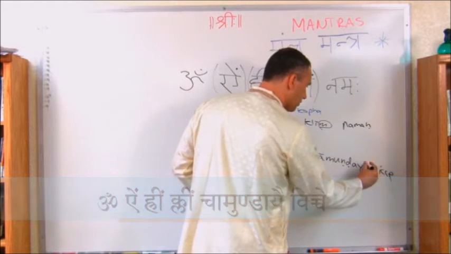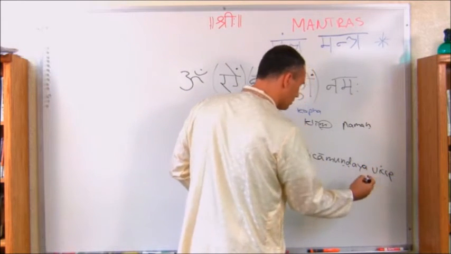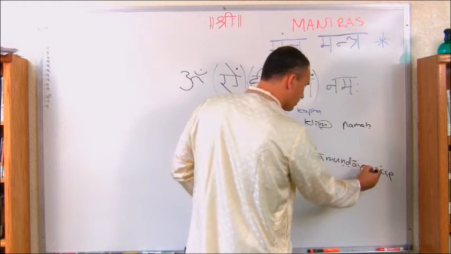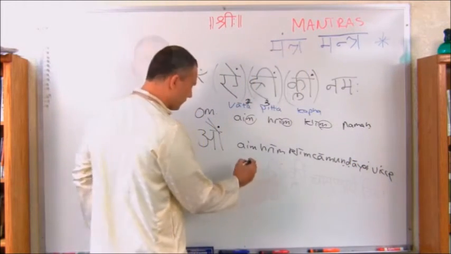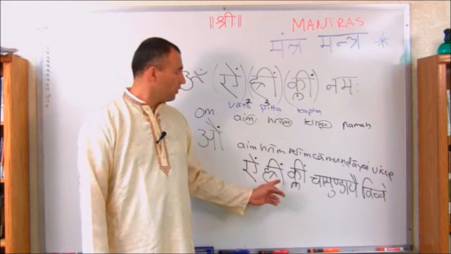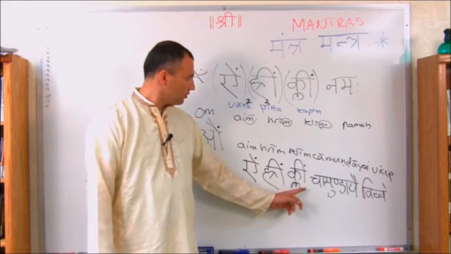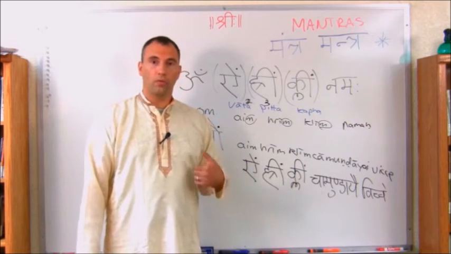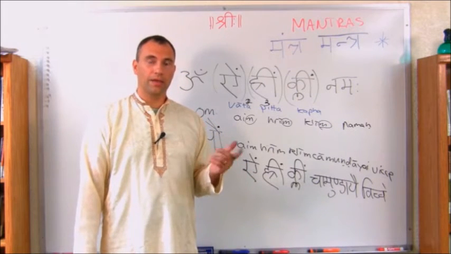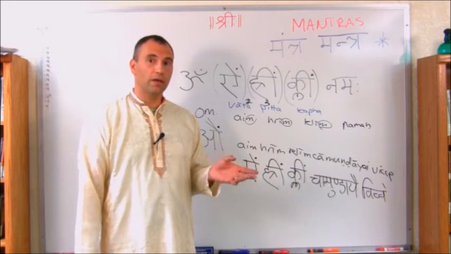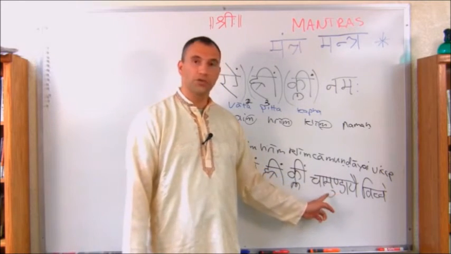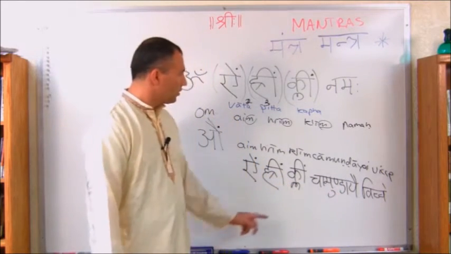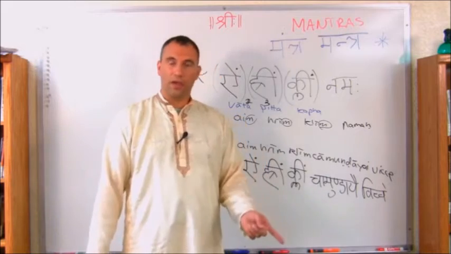Okay, like that. Om Aim Hring Kling Chamundaye Viche. This is the nda, Chamunda. Okay? The ye ending is the dative ending.